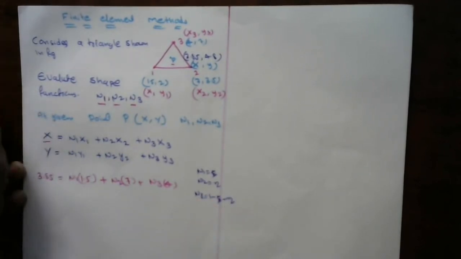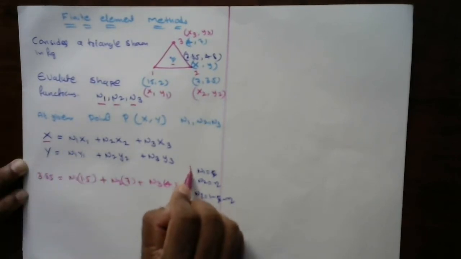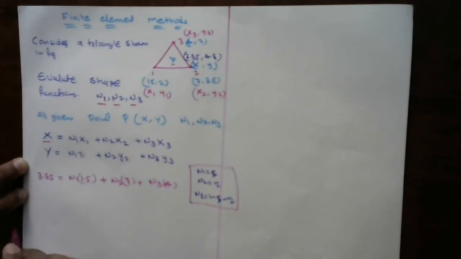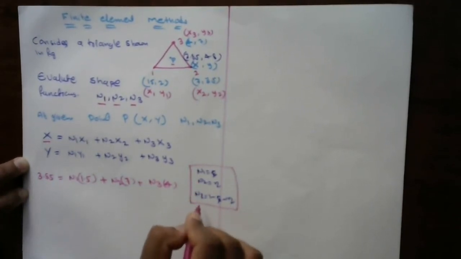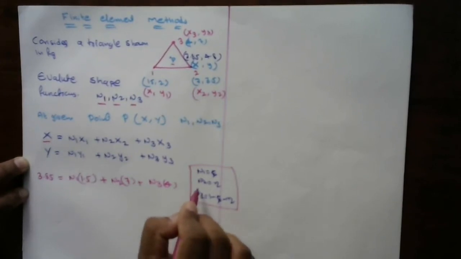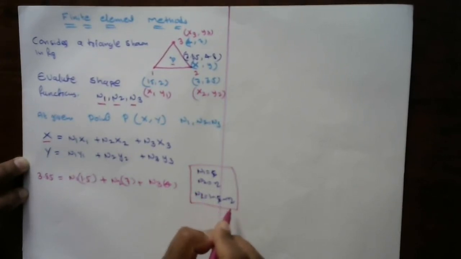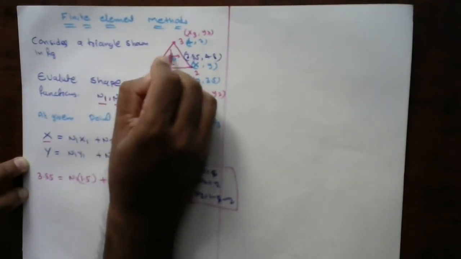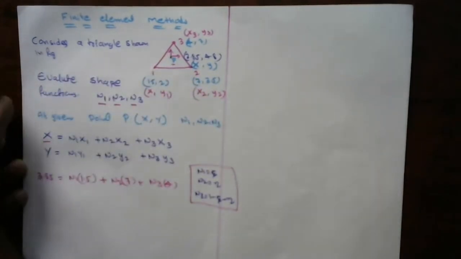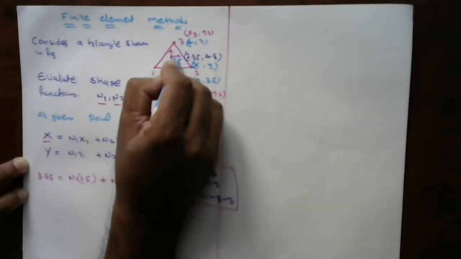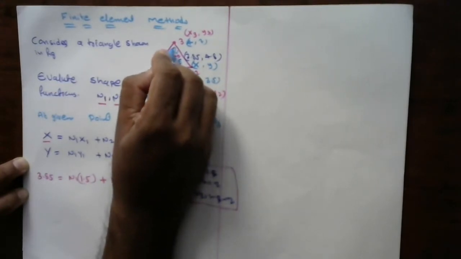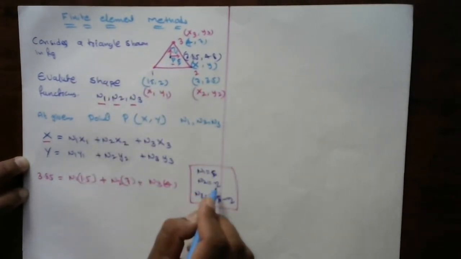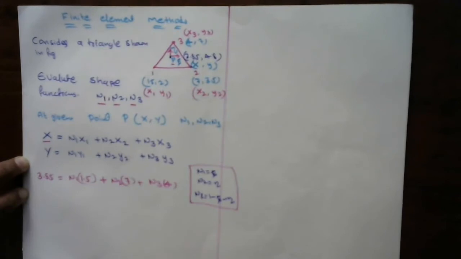So at the given point P, it has both x directional values and y directional values. In the x direction, that is zeta; in the y direction, it is known as eta. Therefore, at the given point P, you should find out the zeta and eta values, and then it is possible to find the shape functions.